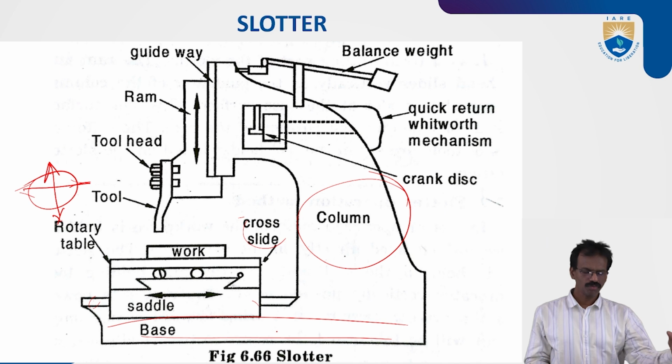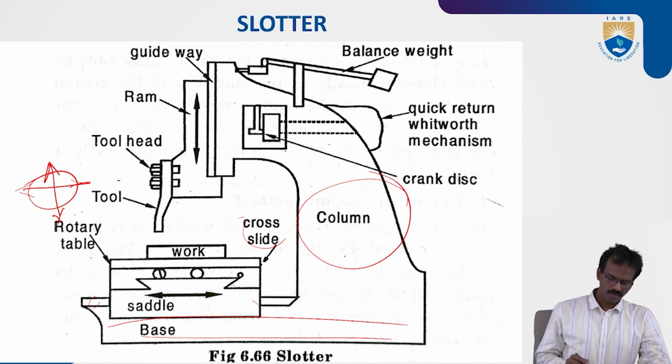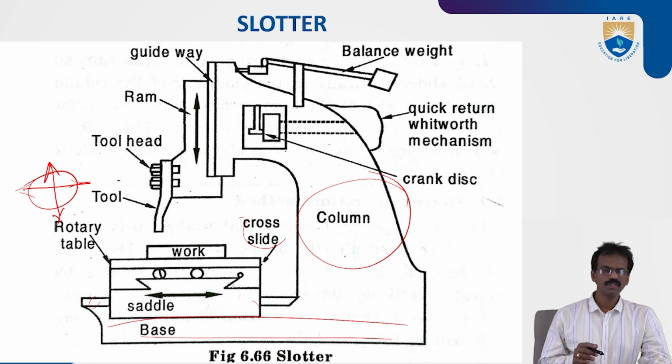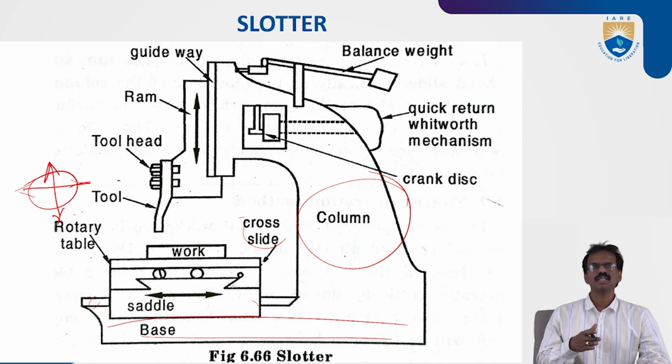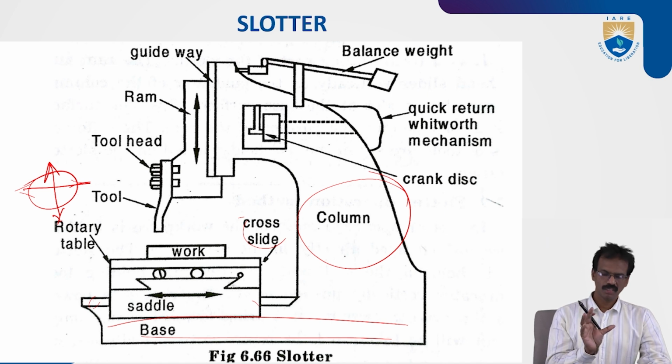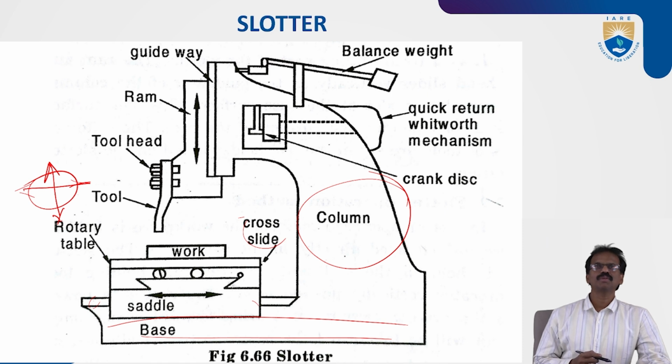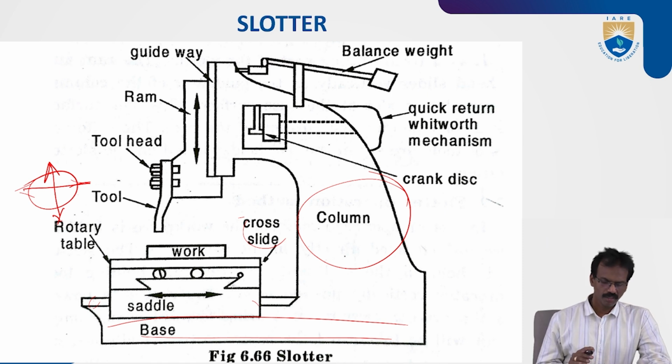So the saddle gives the longitudinal direction of the workpiece, the cross slide gives the vertical direction of the workpiece, and the rotary table gives the peripheral, rotary or angular movement of the workpiece. So that accommodation is provided here for machining the workpiece at the right place in the right way.